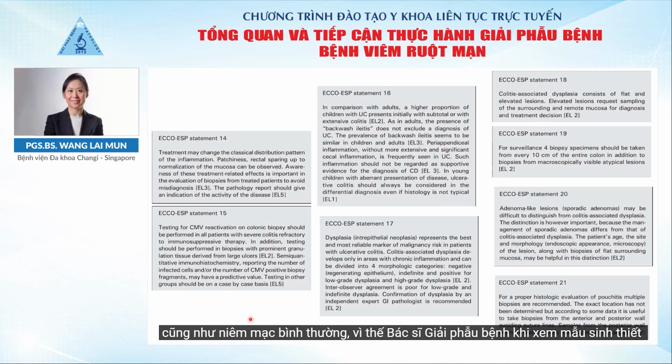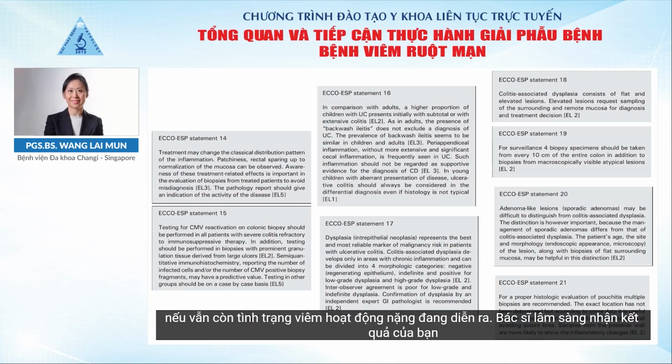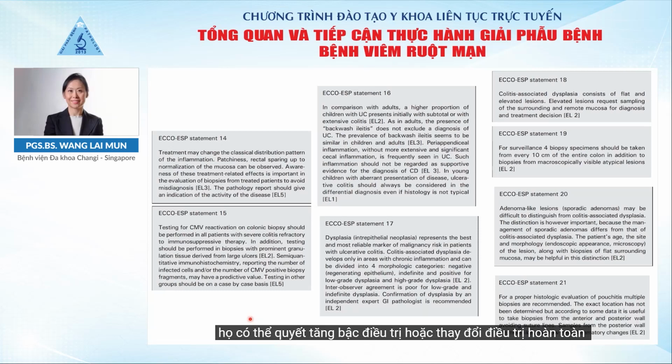So for pathologists looking at the biopsies, please check whether the patient is on treatment, and if the patient is on treatment, please give an indication on the degree of active inflammation. If there's still ongoing severe activity, the clinician receiving your report can then decide to step up treatment or change treatment altogether.